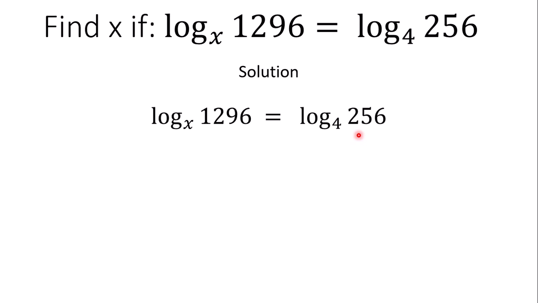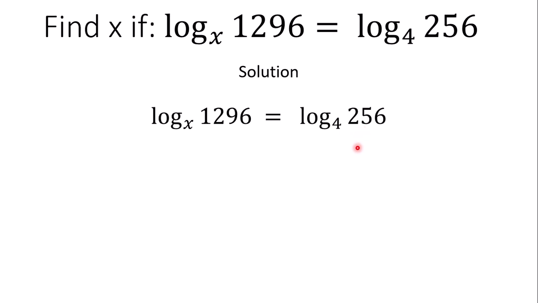So here, using what I've just said, when you multiply 16 by 16 to give you this, so 16 by 16 will give us this.